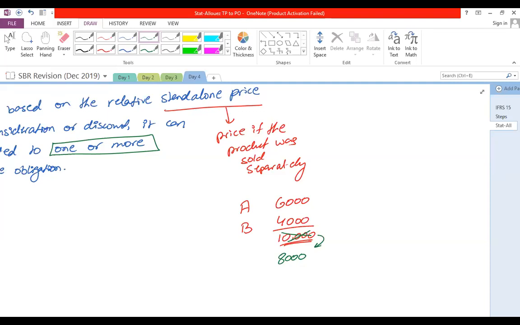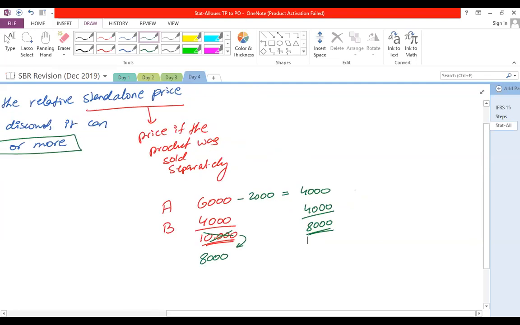So maybe we have given the discount to run product A. This means the breakup of 8,000 is going to be 4,000 and 4,000. But maybe product A is a running product and product B is the one which needs support. Then it will be 6,000 and 2,000. Now the 2,000 discount is allocated to product B only.